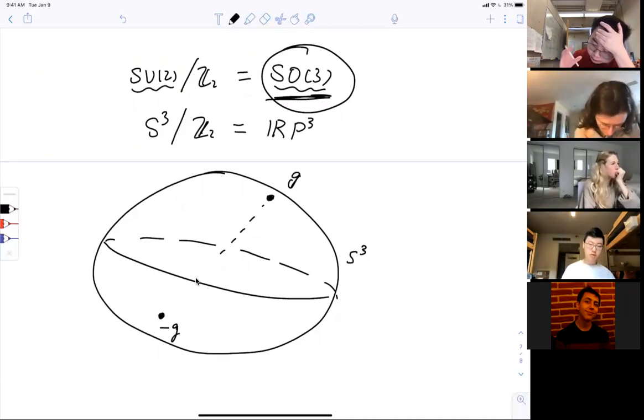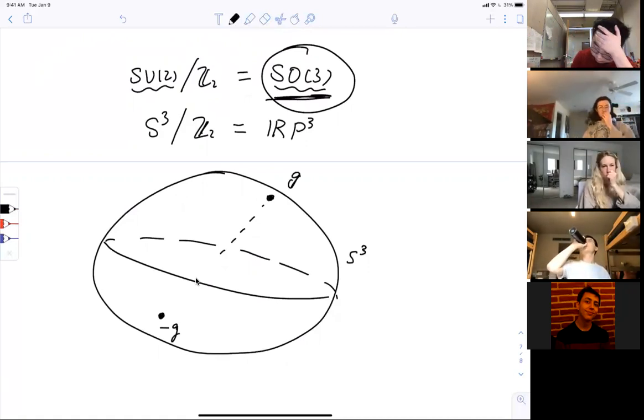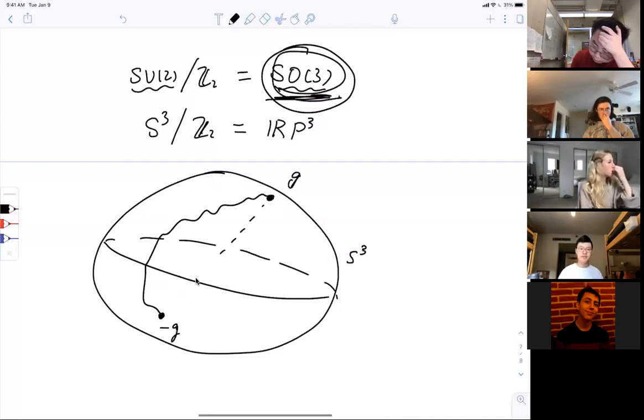And SO3 is not simply connected. You can construct a loop that cannot shrink to a point. The loop is, for example, from minus G to G. This is a loop because G and minus G are identified as one point in this group, right? This is a loop, but this loop cannot shrink to a point.